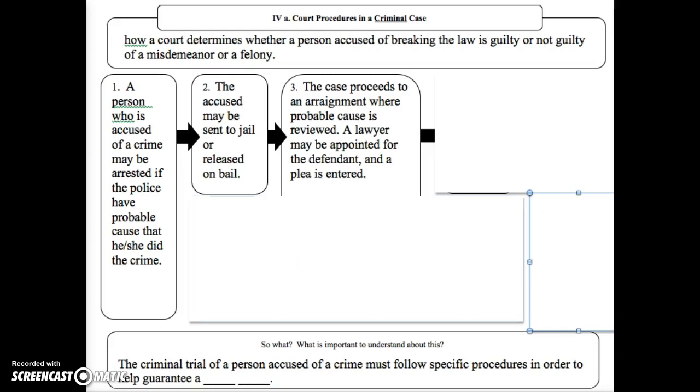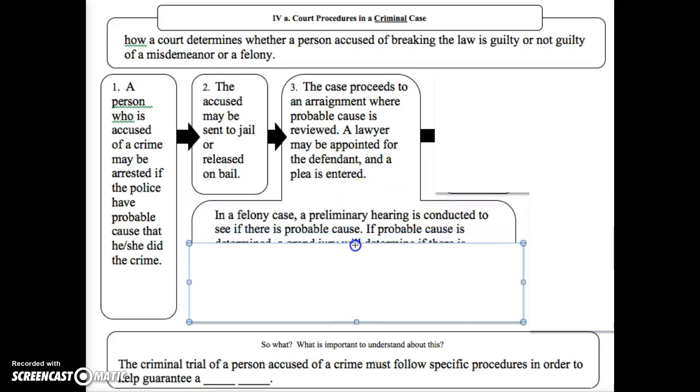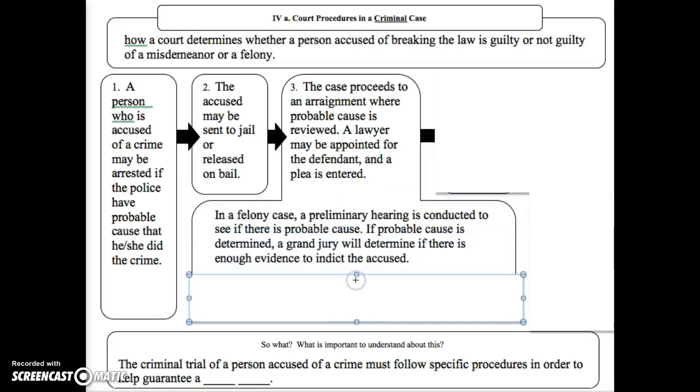Now, as mentioned earlier, there's a difference in this step with a misdemeanor or a felony. Now, remember, with a felony, it's the more serious of the two crimes. So in a felony case, this preliminary hearing is conducted to see if there is probable cause.